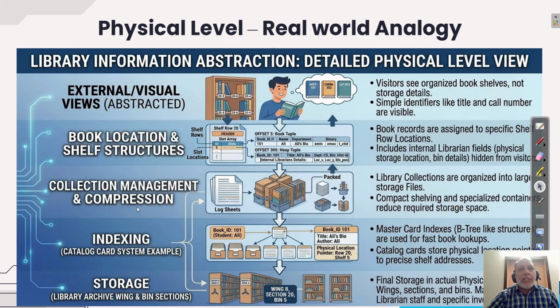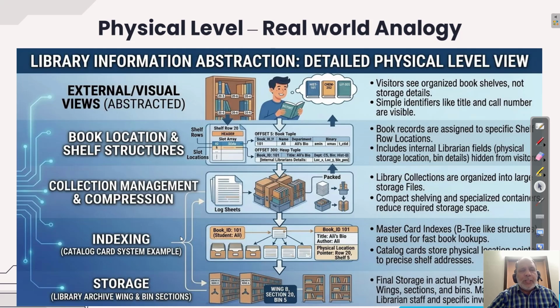In this level, as I mentioned before, collection management and compression are done. The library collection is organized in large storage files. Indexing is done here, as I told before. For example, card ID is 101, so it points to a different shelf and location, row number 20, shelf number 5.